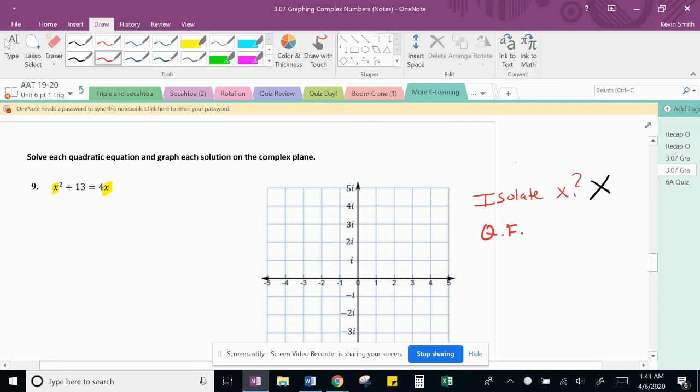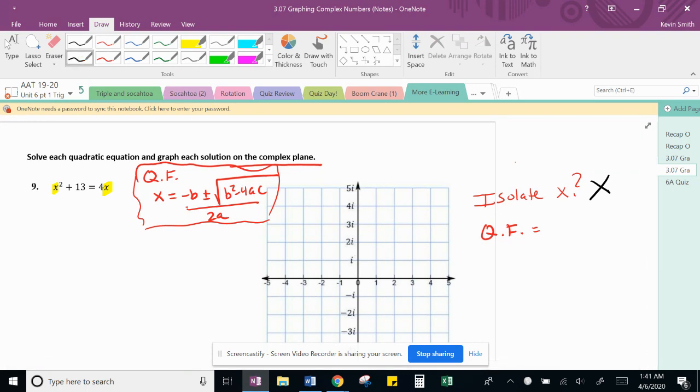I'll save you a little spoiler. It's not. But I usually lean towards the quadratic formula, especially if we're working with complex numbers, because that's usually where they come from. And so I will write out the quadratic formula for us. X equals the opposite of b plus or minus square root b squared minus 4ac all over 2a.